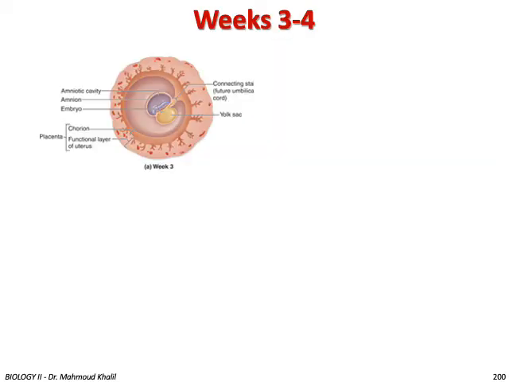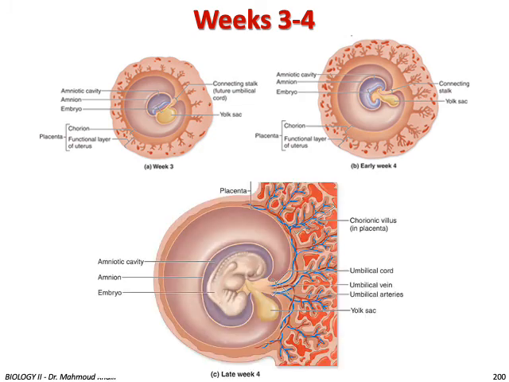Here you can see briefly through week 3 and week 4 the development of the embryo, the increase in size during development, and the implantation inside the wall of the uterus to form the placenta.